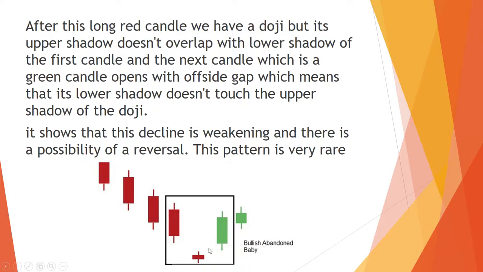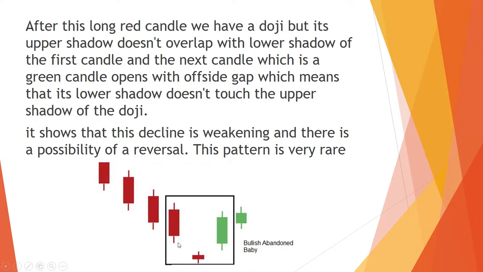So when we draw a line here, the upper part of the doji and the lower part of the green candlestick do not touch. It shows that this decline is weakening and there is a possibility of a reversal. But you should know that this pattern is very rare.